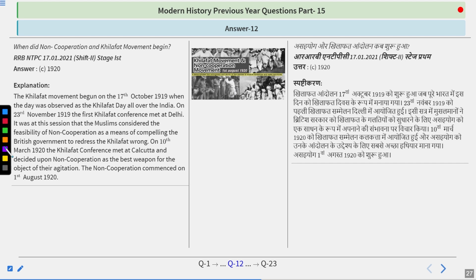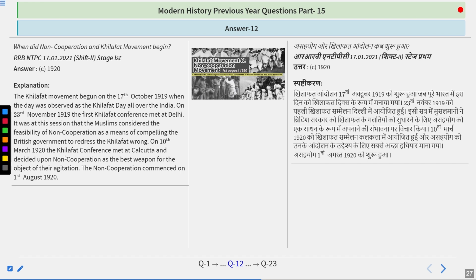The Khilafat movement began on 17th October 1919, when the day was observed as Khilafat Day all over India. On 23rd November 1919, the first Khilafat conference met at Delhi. It was at this session that the Muslims considered the feasibility of non-cooperation as a means of compelling the British government to redress the Khilafat wrong.